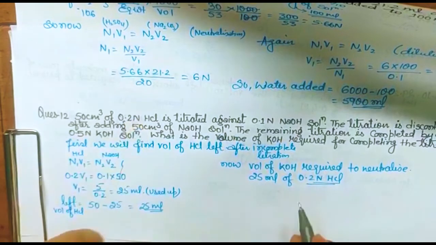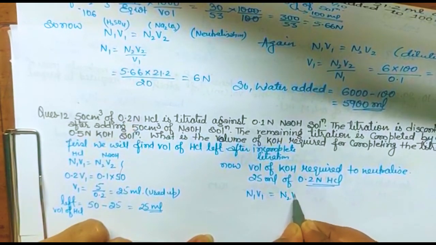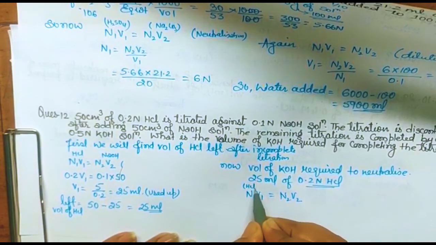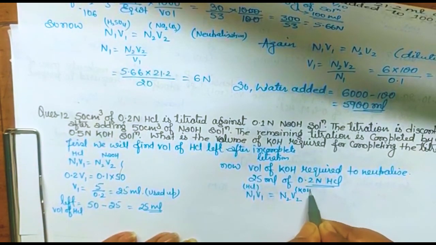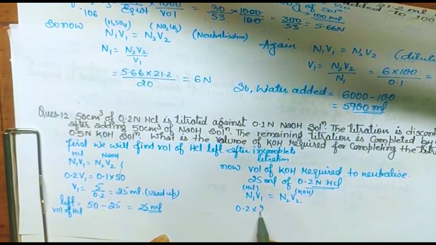Yes, so again you will use N1V1 is equal to N2V2 and this time, अगर इसको HCl लेते हैं तो this will be for KOH this time, isn't it? So this is 0.2 and volume is 25 is equal to N2.